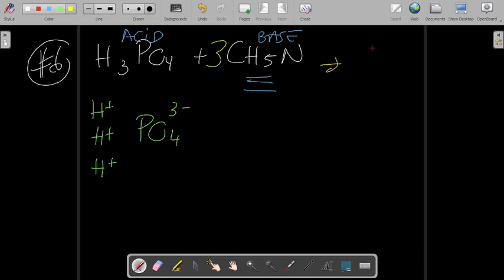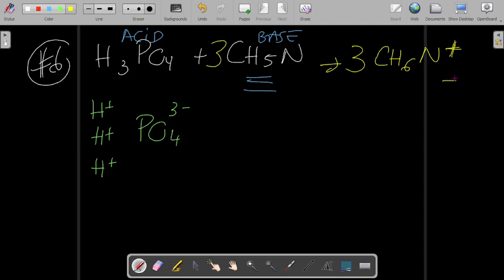When I do that, I'm going to create 3 molecules that look like these. Here is the proton that is being assimilated, and because it's a proton coming in, they are charged positively. What is left?